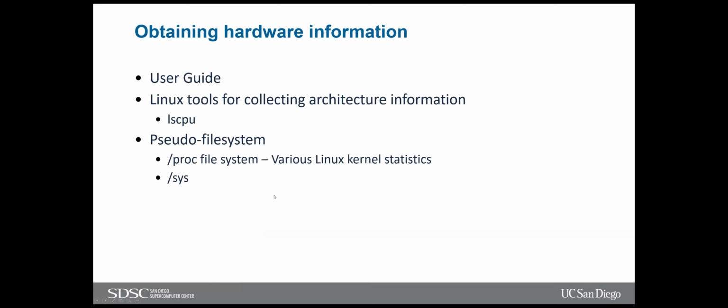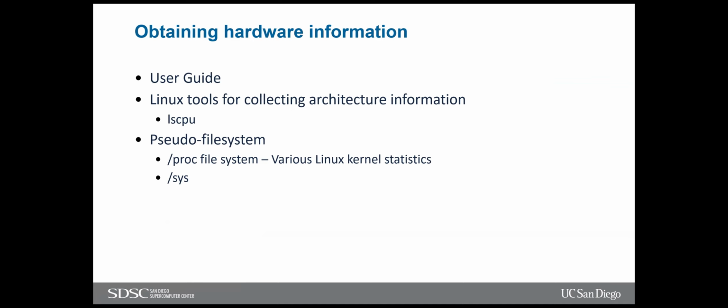So there's three places we can obtain hardware information. The first one I'm going to mention, and I think that everyone who gets on a new system should always take a moment to use, is the user guide. I was on a call yesterday where the system administrator was saying, yeah, no one looks at the user guide, but it really is important to go and look at the user guide.